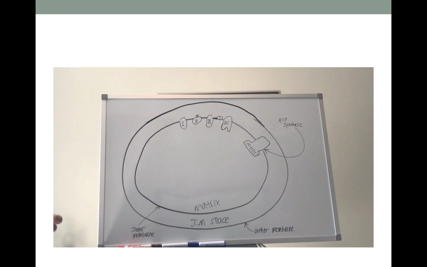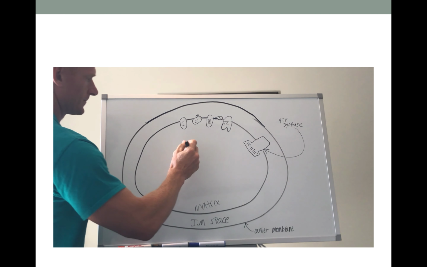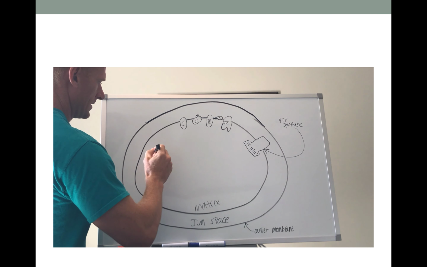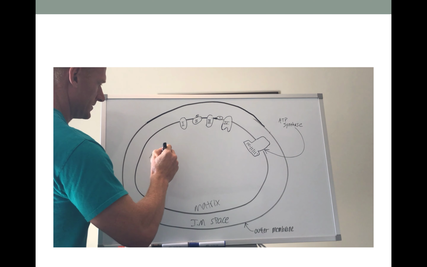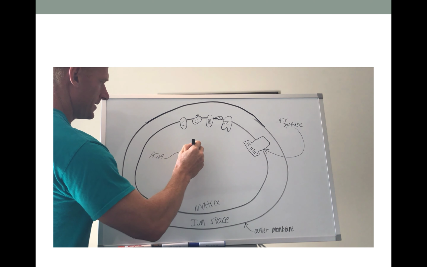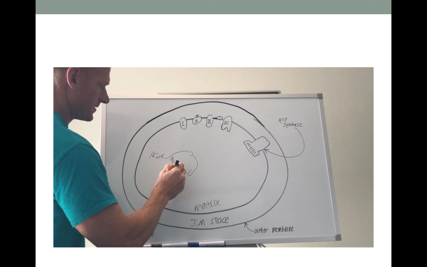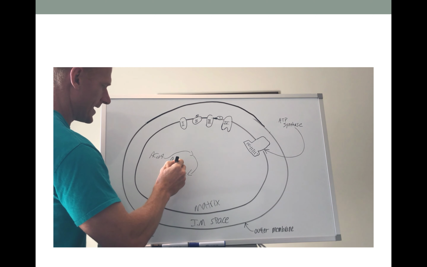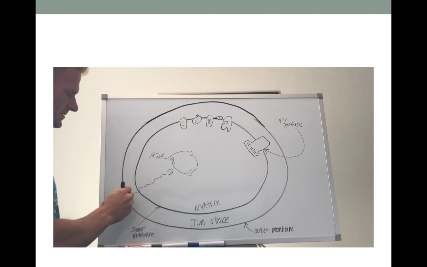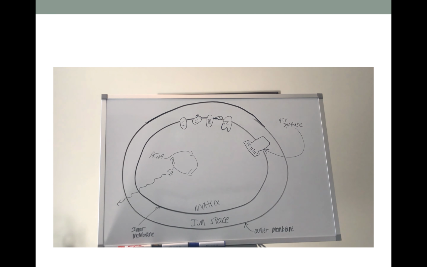Going on within the mitochondria, it's going to be the Krebs cycle. Acetyl-CoA enters the Krebs cycle, is transformed, carbon dioxide is produced, and it exits the mitochondria.